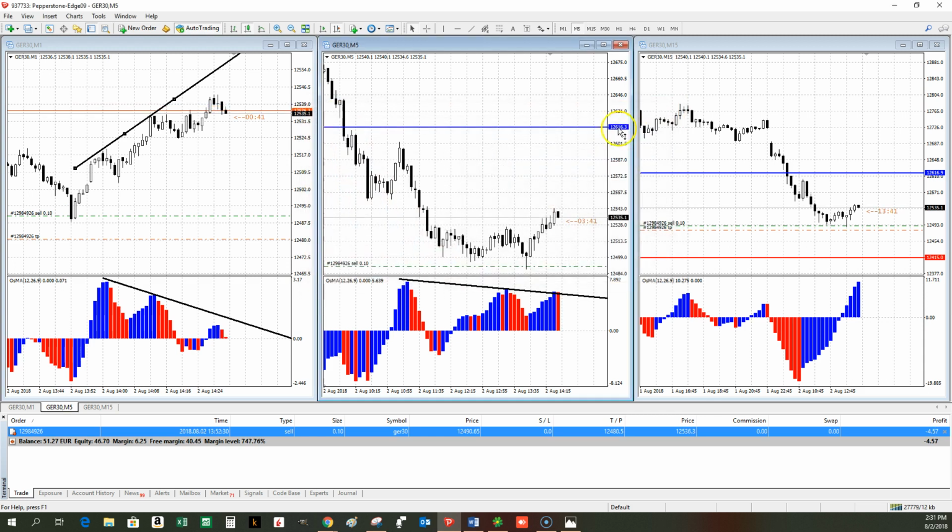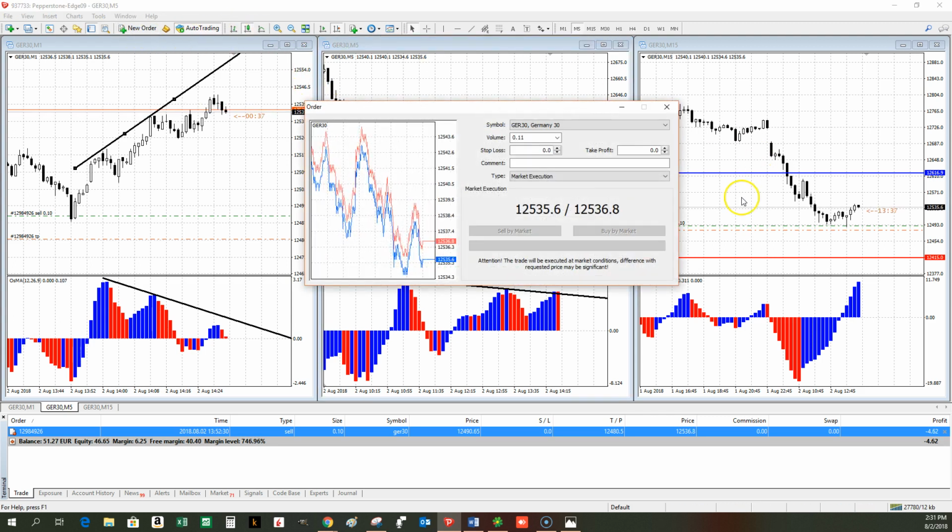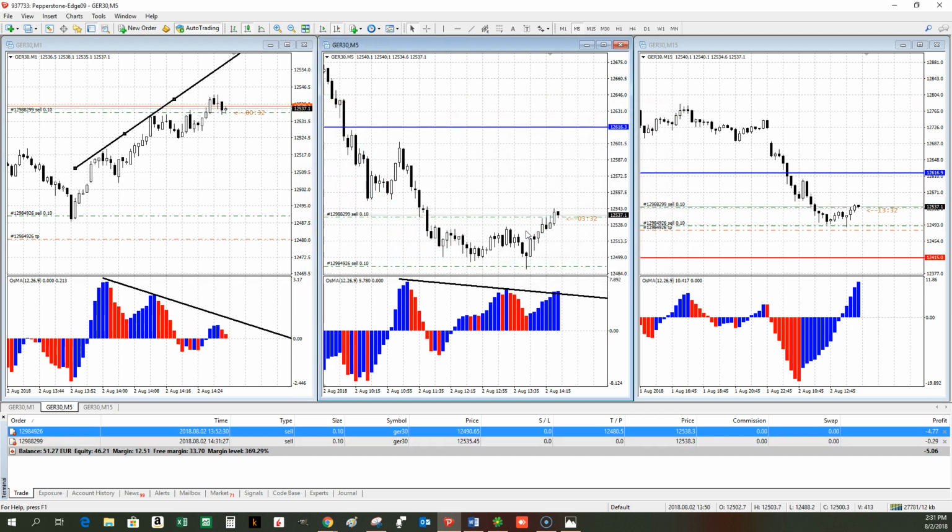So I'm going to take 0.10 lots. All right, this is what I'm going to take. And my take profit will be around 12,415. All right, 12,415 take profit.